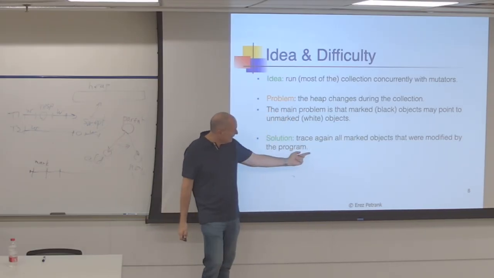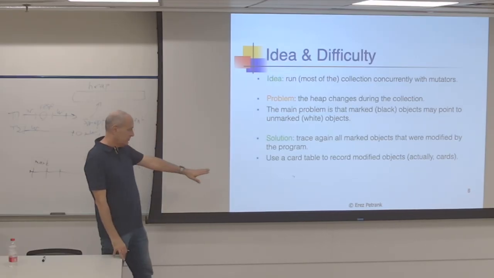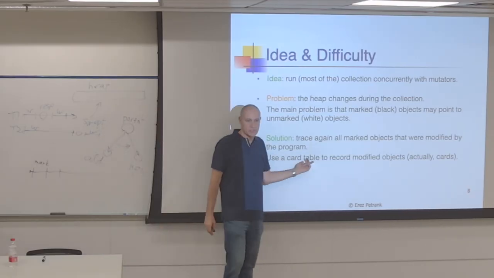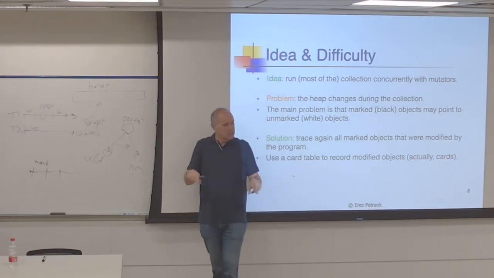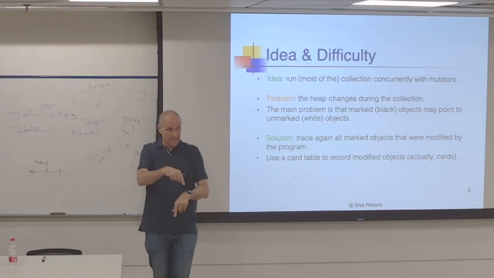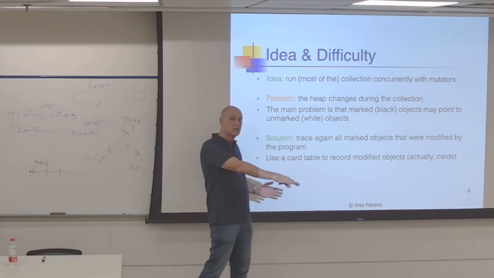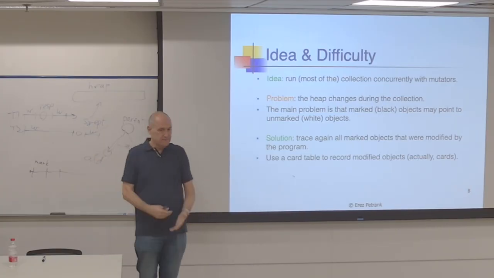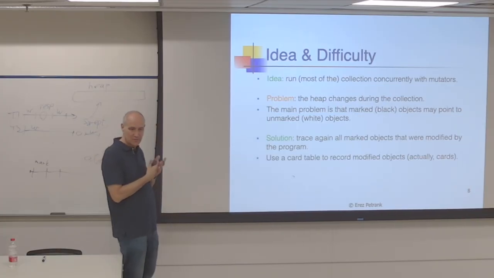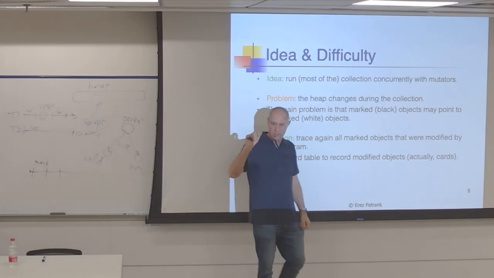So I trace again from all these objects. The way I do it is with a card table. If you remember from generational collectors, we had card tables where we marked the card on which a changed pointer resided. Here we do the same. You change a pointer, you mark the card. Each card is maybe 512 bytes of memory, and you have a bit per card saying whether it was modified.